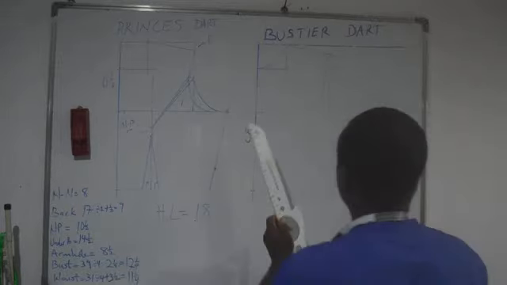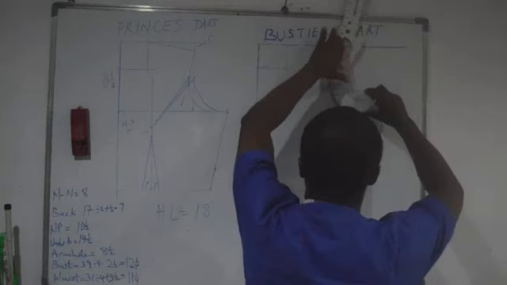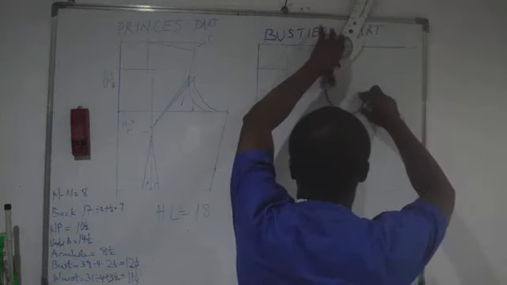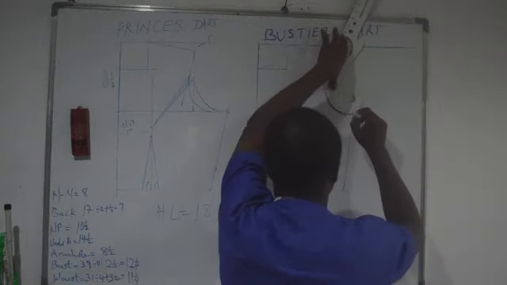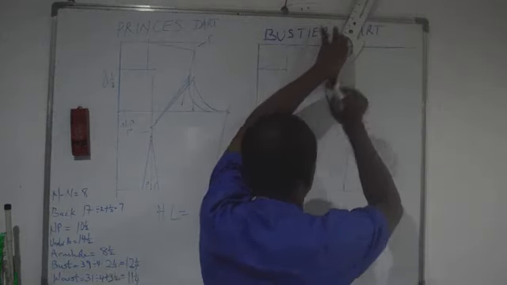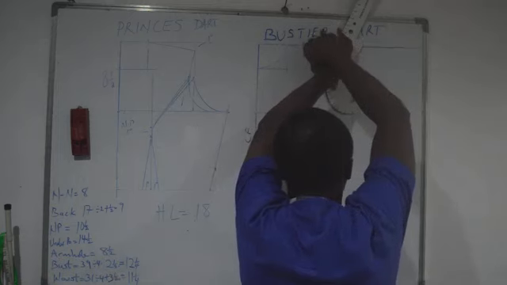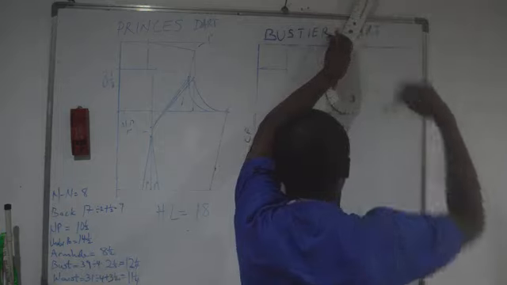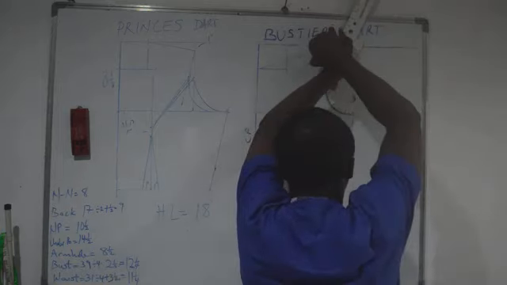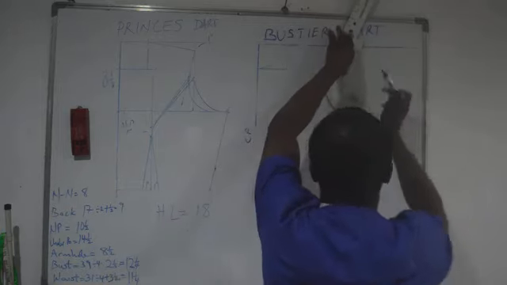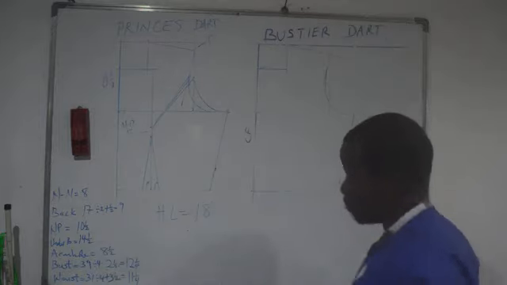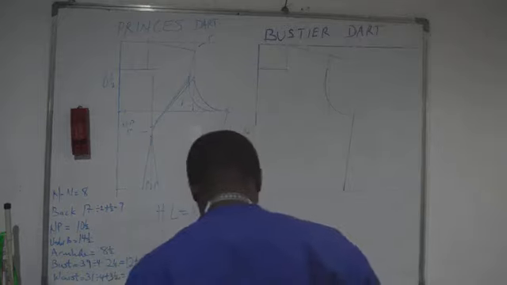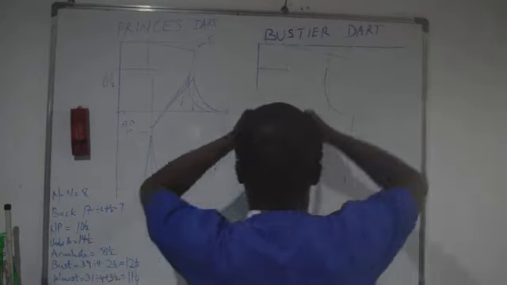Then you put the armhole curve. Using your armhole curve, construct the curve. Okay, so the next thing to do is to construct your nipple to nipple.